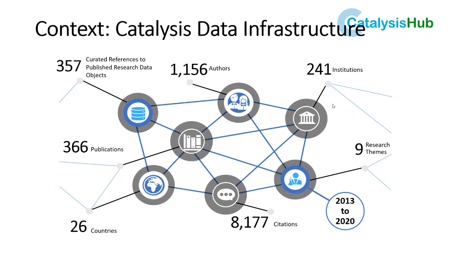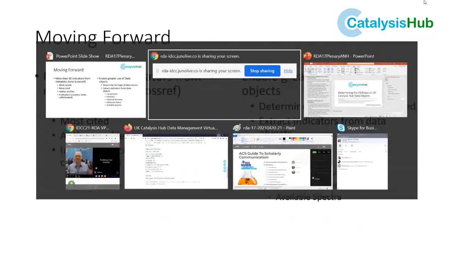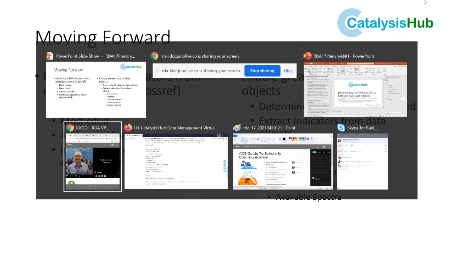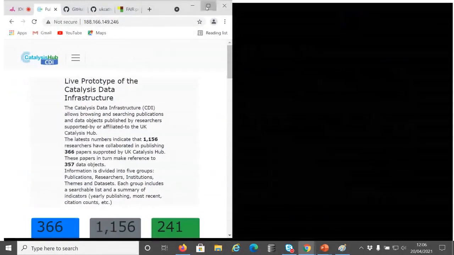And this is in the 8 years or so of the first years of life of the Catalysis Hub, which also started in 2013. So moving forward, we would like to have more indicators because at the moment, from data from Crossref, we can get up to 30 indicators, which are something like this.